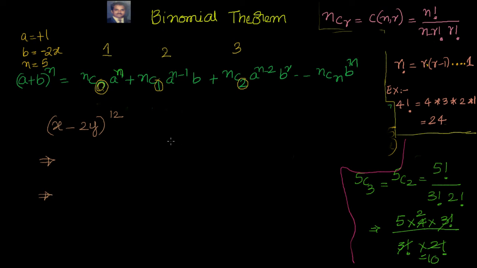Okay. Let's come back. Now which term I want to write here is the fourth term. Okay. Now what is the meaning of fourth term? Immediately you should write t r plus 1. This is what I do. I will write immediately so that there is no confusion. x to the power of n minus r.